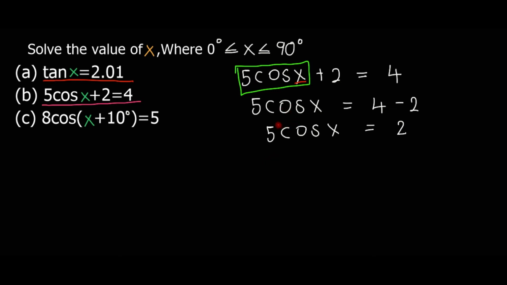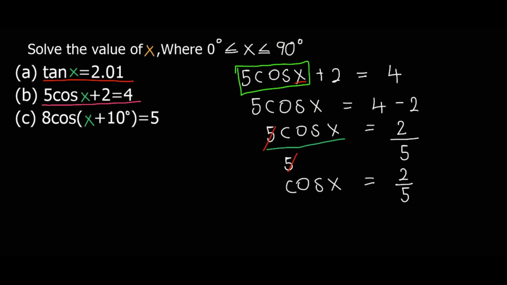Now our trig function is alone on one side, but realize something. Now we have a coefficient of 5, but if you look at the previous example, we didn't have any number, which means the coefficient was 1. We always want our coefficient to be 1. This means we divide both sides by the coefficient 5. So 5 and 5 cancel, therefore we remain with cos x is equal to 2 over 5, and now our coefficient is 1.